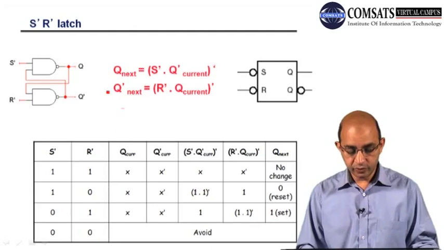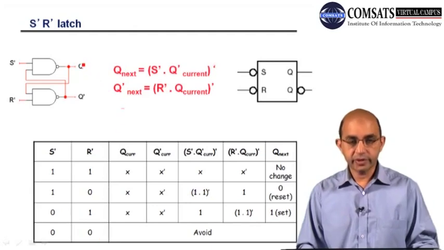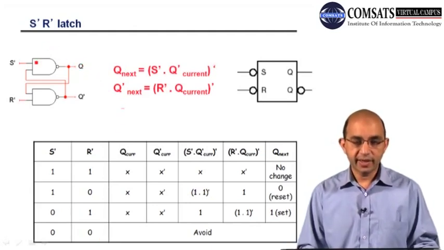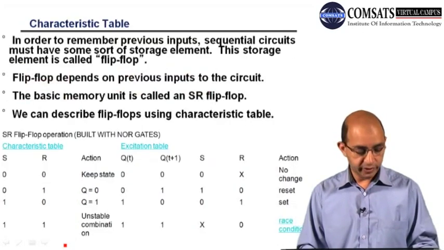And we have to avoid 0 0, because this is the SR latch that is based on NAND gates. So in NOR gates we have to avoid 1 1, while with the SR latch with NAND gate, we have to avoid 0 0. We will see in a couple of moments.